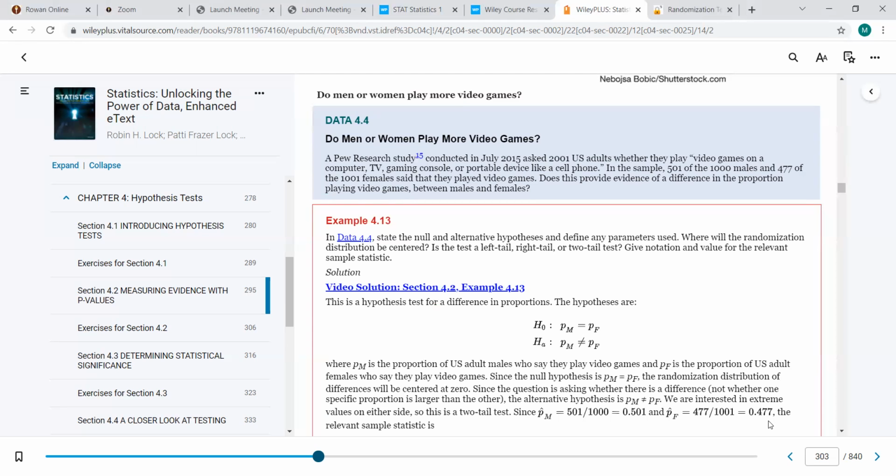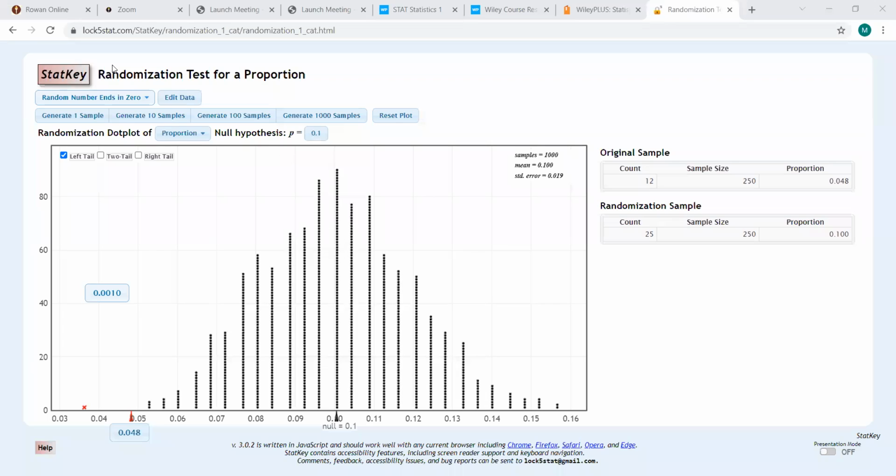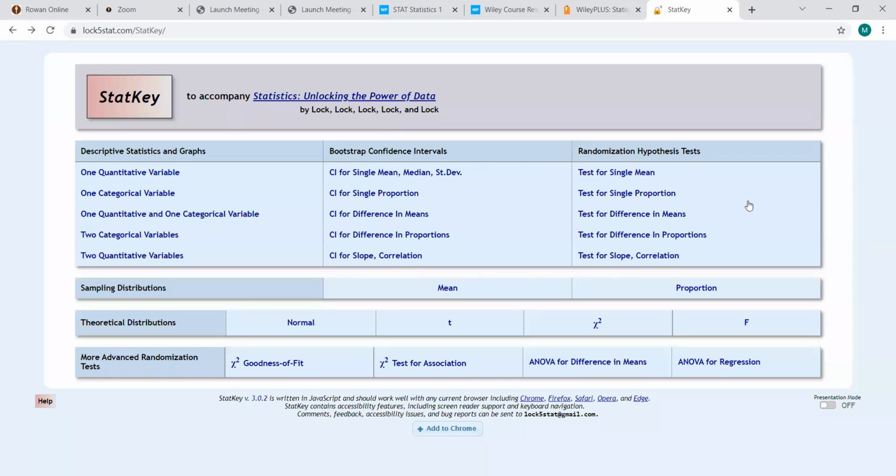All right, so now what we're going to do is go back to StatKey, find this particular case. I'm going to go back because that's a case where we're looking at two different proportions, the difference in proportions. So it would be this case here.